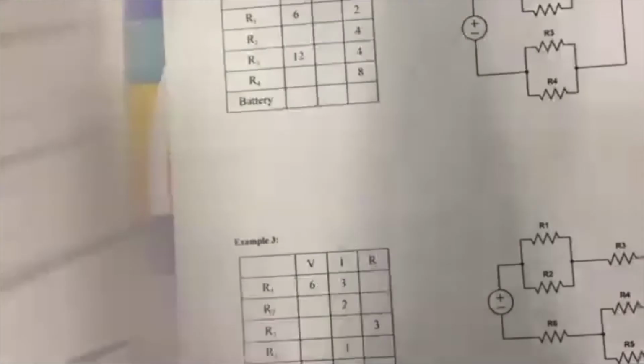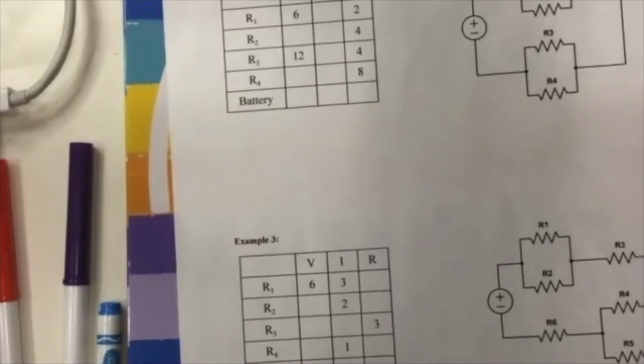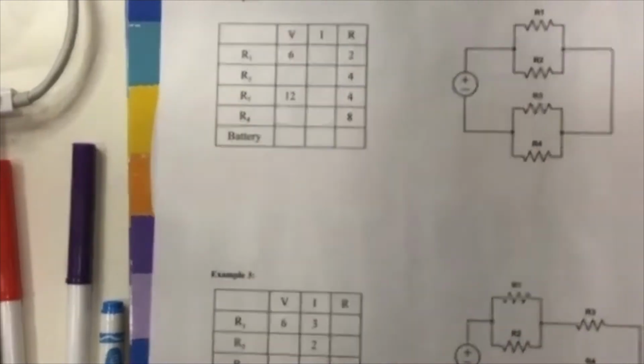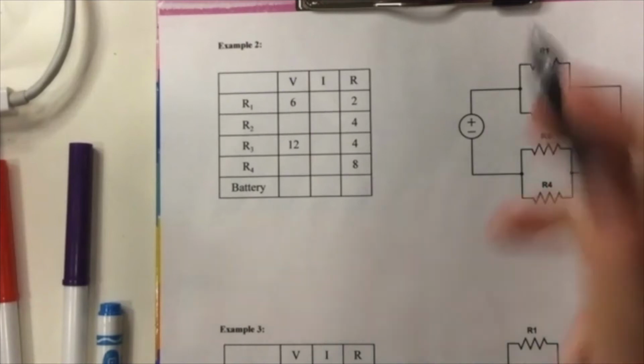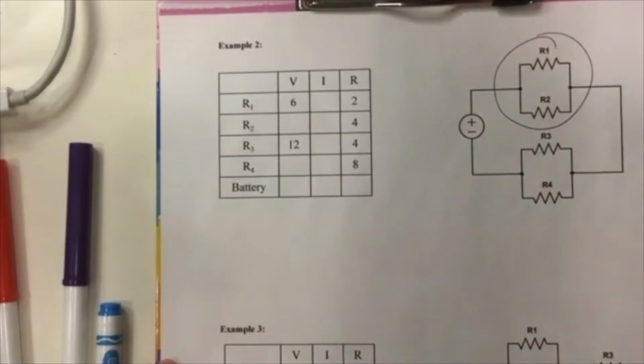Let's show you a harder problem and more tips and tricks. So in this problem, let's start off with identifying things in parallel. R1 and R2 are in parallel.